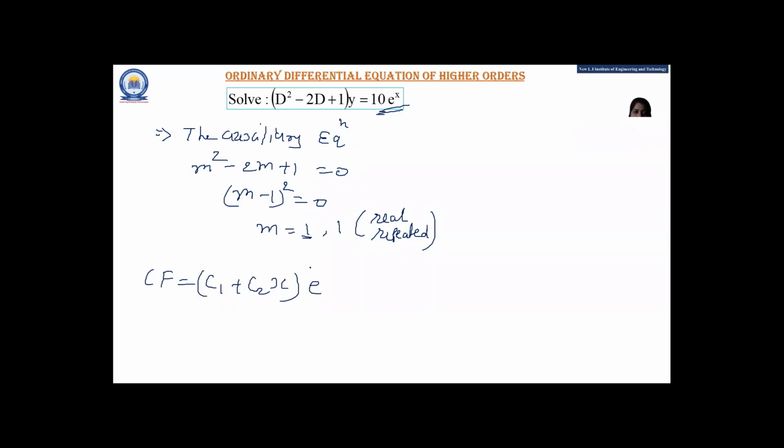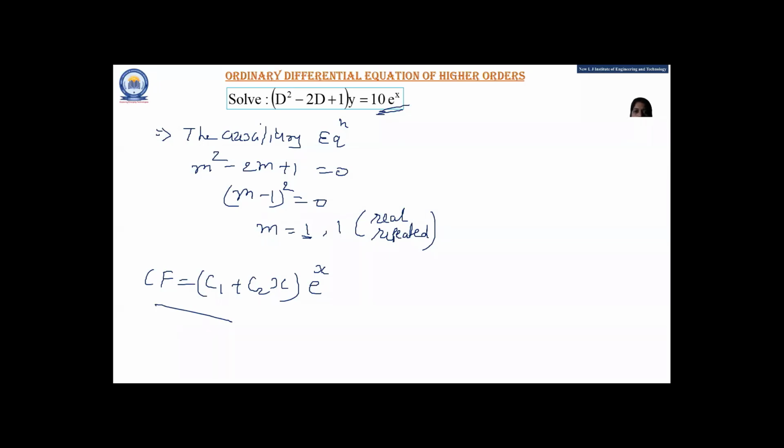Our root is 1, so e raised to 1x, but there is no need to compulsorily write 1 here. So C1 plus C2x times e raised to just x. If your roots are 3, 3, then you have to write 3 here. Got it? So one part is complete, CF.